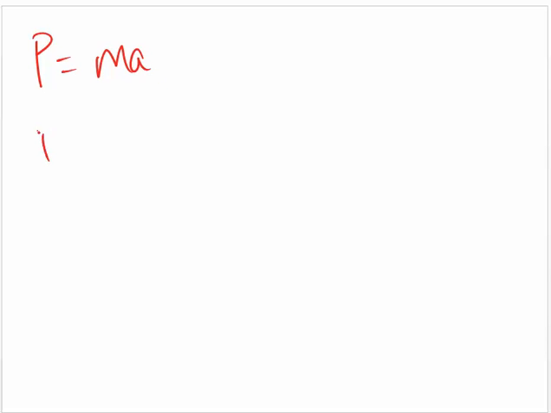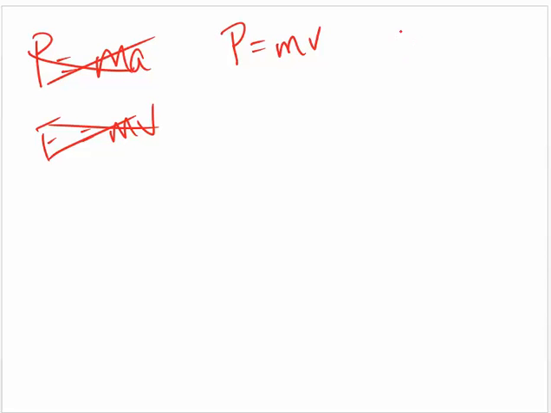Or if you ask them for force and they give you mv. Well, that's not right. They're very similar. Momentum is mass times velocity, and force is mass times acceleration.